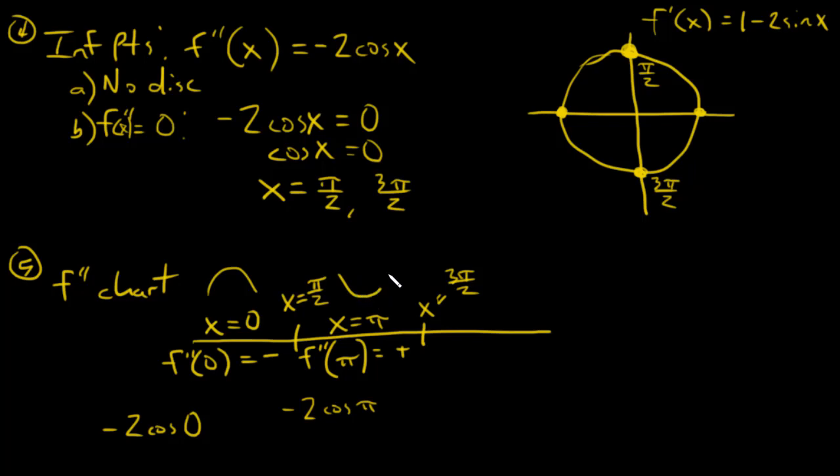So I have concave up. And finally, a value greater than 3 pi over 2. How about 2 pi? It's the same as x equals 0, so I don't even have to do anything. I can just say f double prime of 2 pi is going to be negative, which is going to be concave down. All right. So now the last part, and it's the weirdest part, let's do the y values.